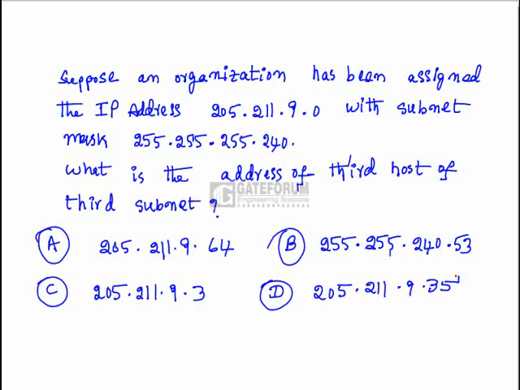An organization has been assigned the IP address 205.211.9.0. So this is a class C IP address with subnet mask 255.255.255.240. What is the address of the third host of the third subnet? Here, based on the mask, we can find out the IDs of subnets.